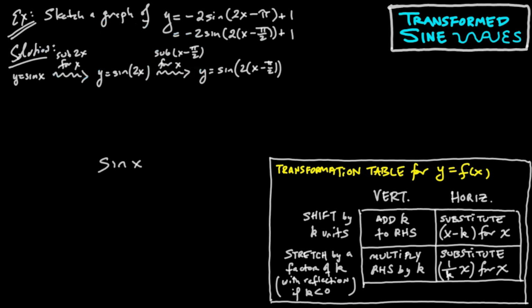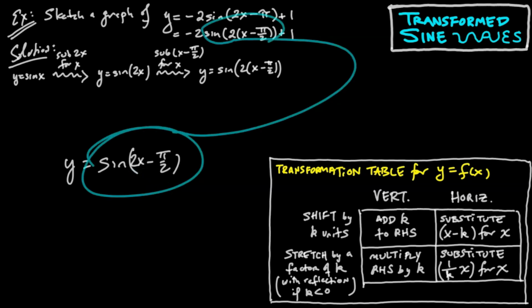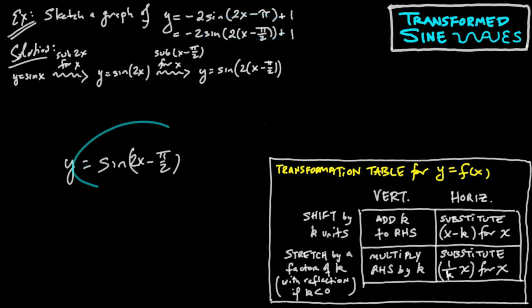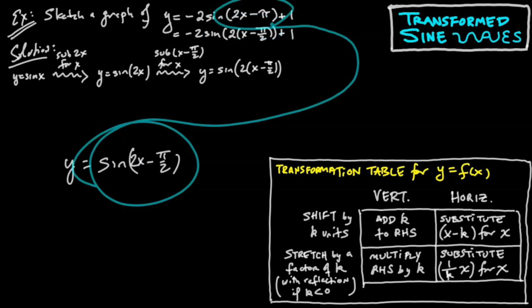If I had tried to do so, I would have gone from y equals sine x, first making that substitution of x minus pi over 2 for x, and then substituting 2x for x, which would give me this sine of 2x minus pi over 2. Well, that is not what I am aiming at. In fact, what we want from our original is 2x minus pi, not 2x minus pi over 2.